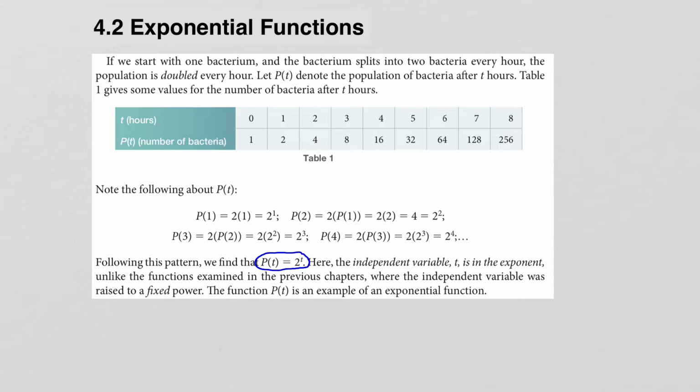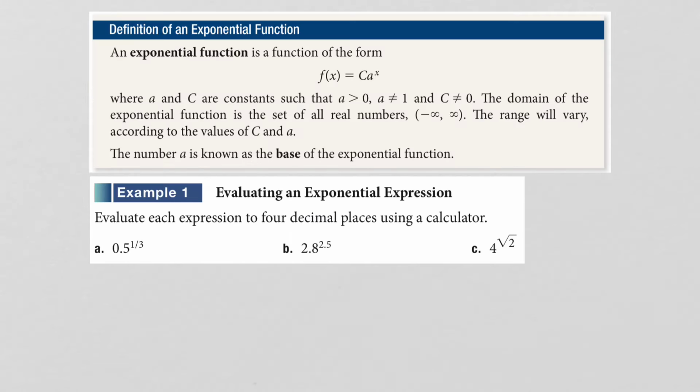Let's go ahead and get a formal definition. An exponential function is a function of the form f of x equals some constant c multiplied by another constant a raised to the x power. So an exponential function has a variable in the exponent.